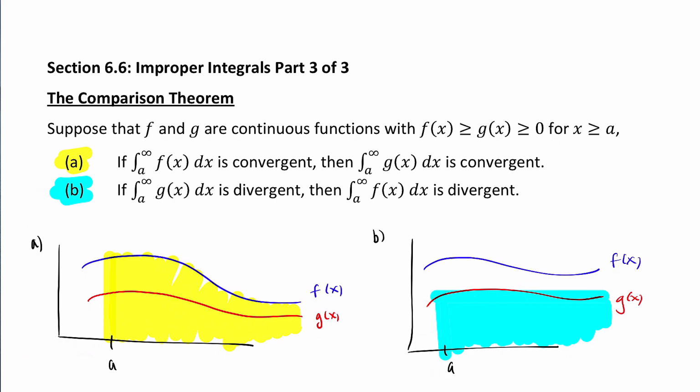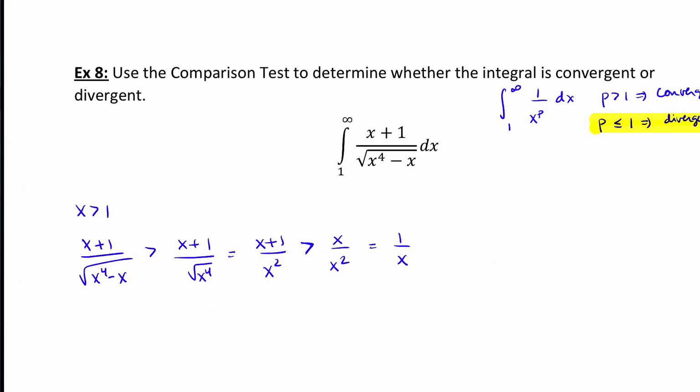we see that f of x, which is our function, is larger than g of x, and if the integral from a to infinity of g of x diverges, then that's the case for f of x. In other words, let's go here.